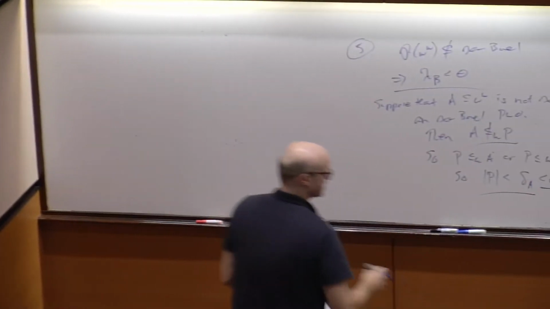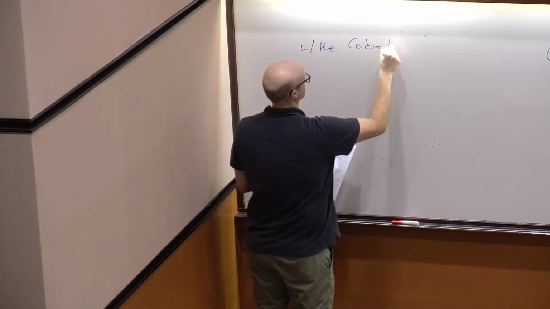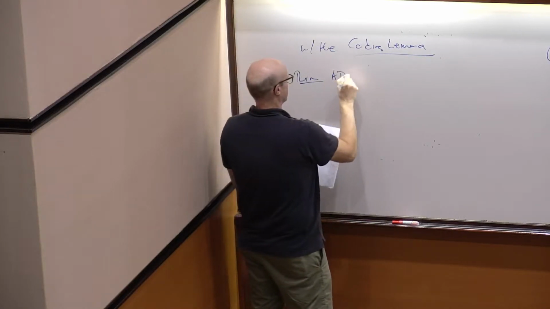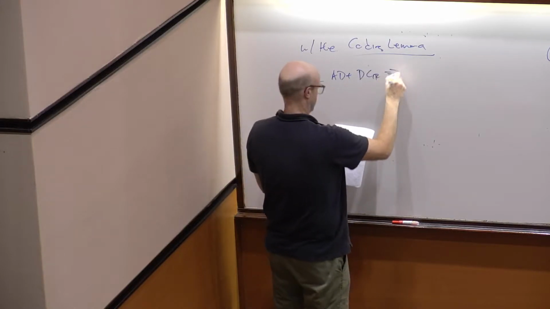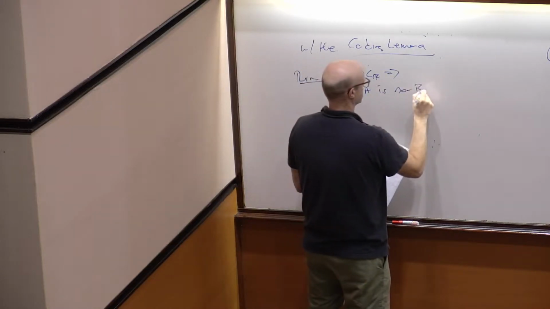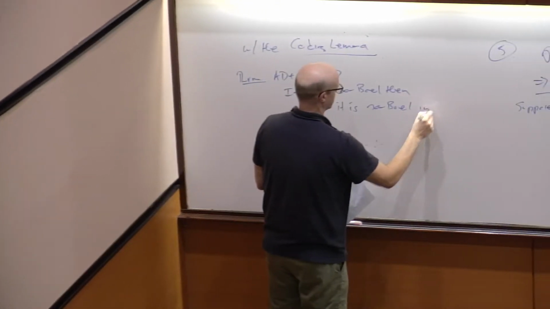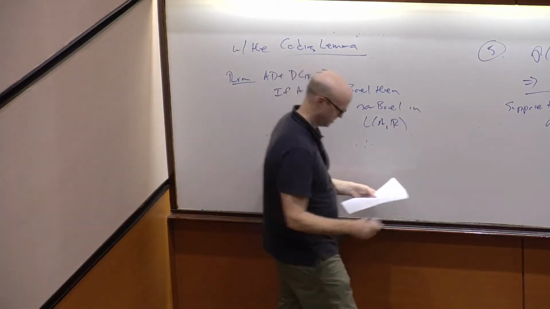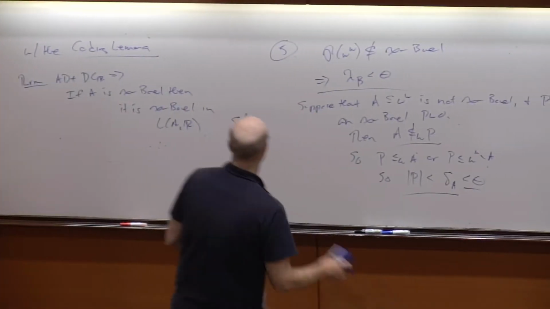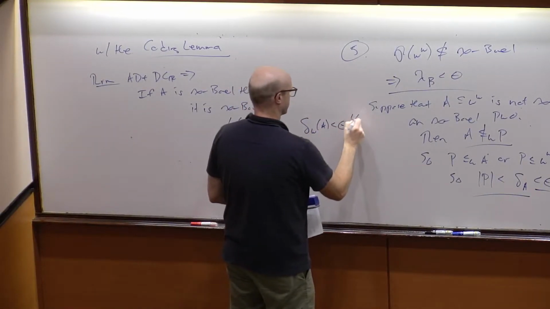With this in hand, so with the coding lemma, we have that AD plus DC_R implies that if A is infinity-Borel, then it is infinity-Borel in L(A, R), just because delta omega of A, that's not what I meant to write, is less than the theta of L(A, R). Delta omega A is less than the theta of L(A, R).